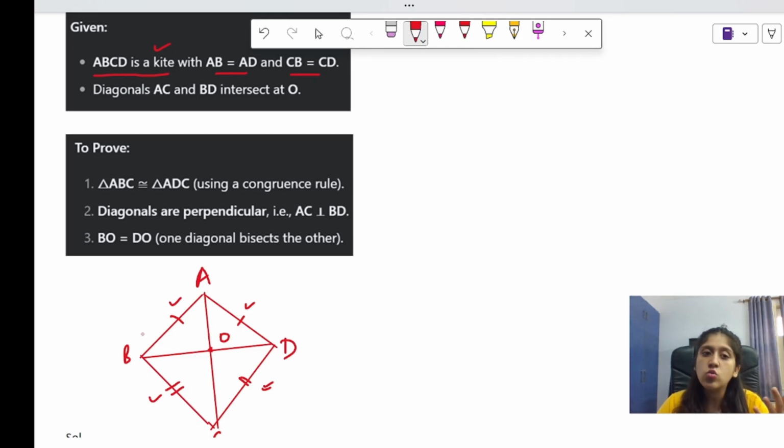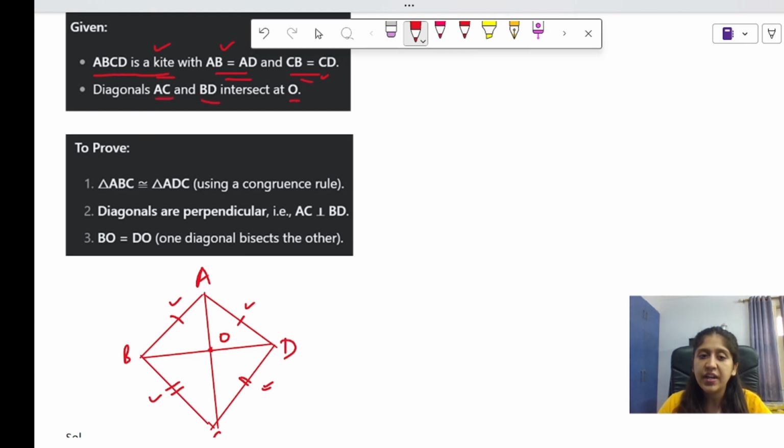I'm just telling you so that if they ever give you that this is a kite, or most probably they'll never write such lines, that AB equal to AD and CB equal to CD, they will never give you. They will try to trick you. That is why I told you this is extra information.